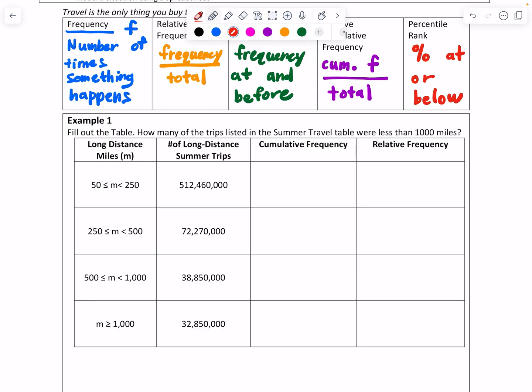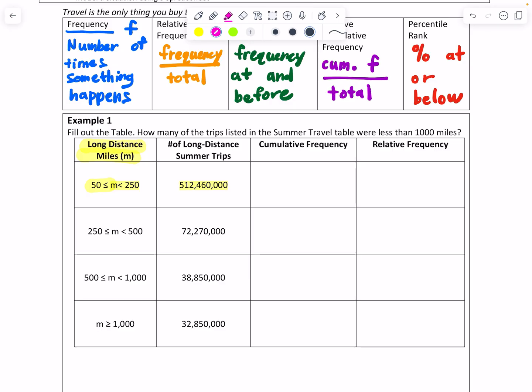Okay, so right here, this is long distance trips measured in miles. So M right here is between 50 and 250. So that means that 512,460,000 trips were between 50 and 250 miles.